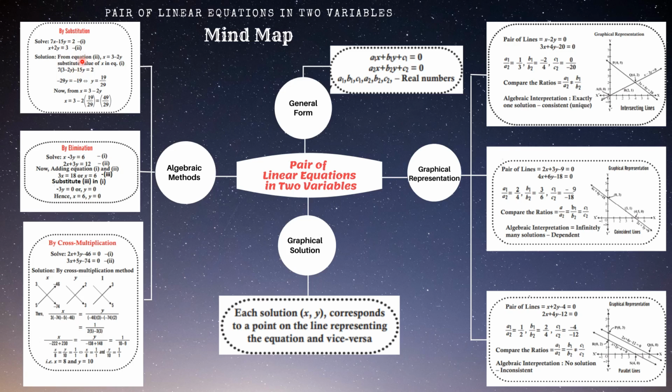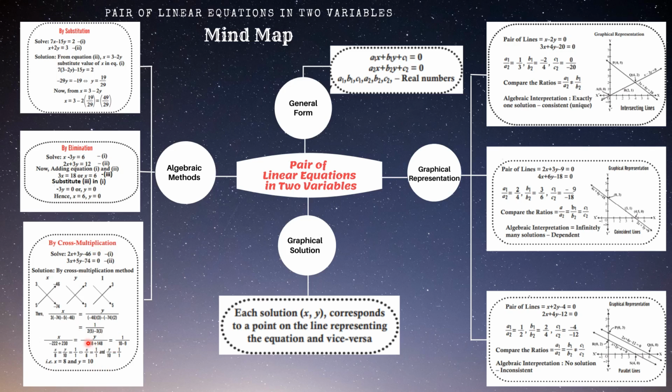Otherwise, you would have a choice between these three, and more conveniently these two can be opted for, substitution and elimination. However, for this exam where there is a reduced syllabus, you will probably have a choice between substitution and elimination.